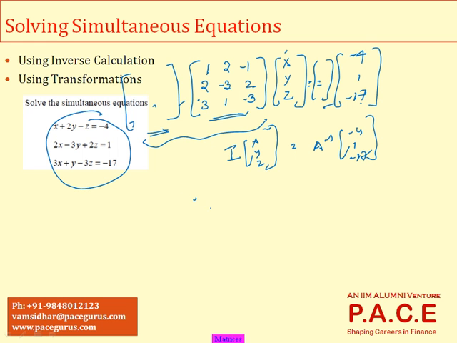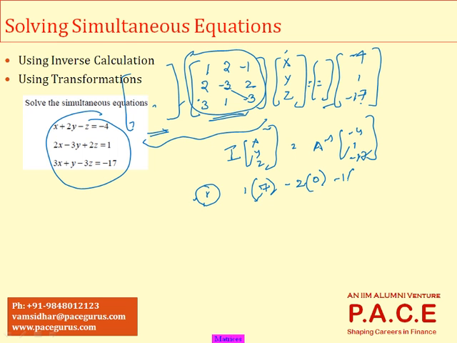So let's try doing that. First, find the inverse for this. How do I find the inverse? First step is the determinant. 1 into minus 3 into minus 3, 9, minus 2, 7. All right. Minus 2 into, we have to change the sign for the second one, so minus 2 into, remove the corresponding row and the column, 2 into 3, 6, minus 3 into 2, 6, so 0.